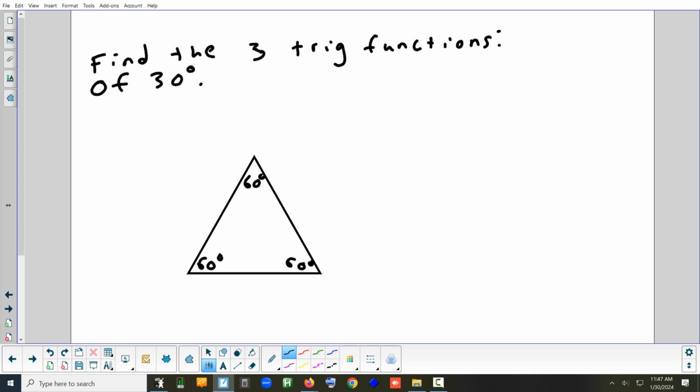But does anybody see something I could do to that triangle, and it would make 2 triangles, and I would have a 30, a 60, and a 90? Split in half. If you draw a line right down the middle, it's not exactly down the middle, but let's fix it. Close enough. Okay. Now, let's look at just this triangle right here.